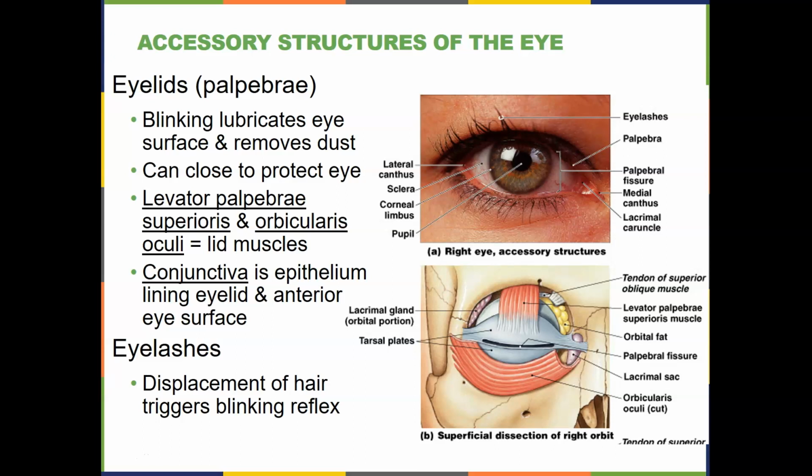So over here is the levator palpebrae, which helps you open your eye. And then here's the orbicularis oculi around the bottom. That helps you bring up the bottom eyelid a little bit. The conjunctiva is the membrane that is lining the eyelid.